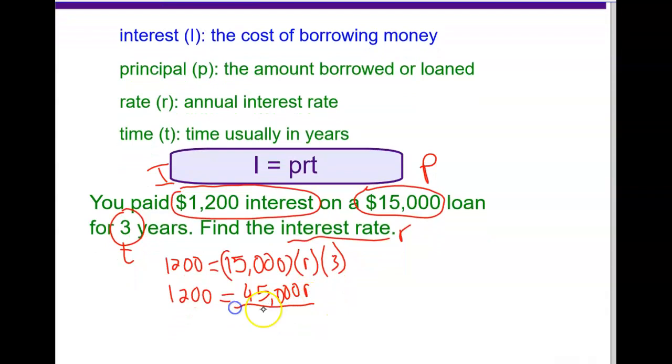I can isolate R by dividing both sides by 45,000. And if we divide 1,200 by 45,000, we find out that the interest rate is 2.6 repeating percent. That's going to be my interest rate. You get a decimal, you have to change that decimal to a percent. And that's how we work with percents.